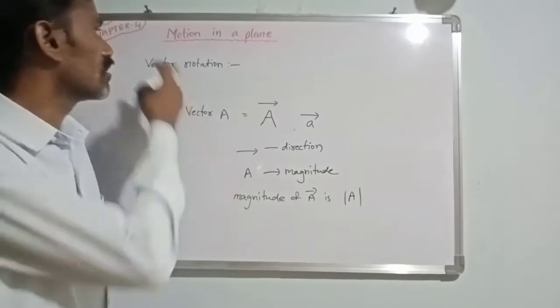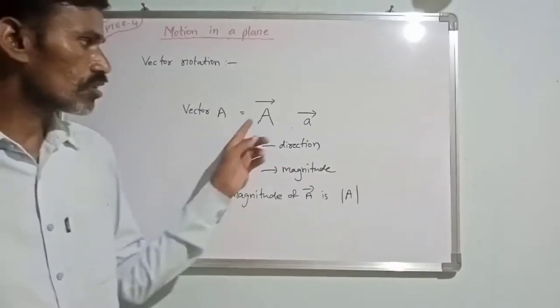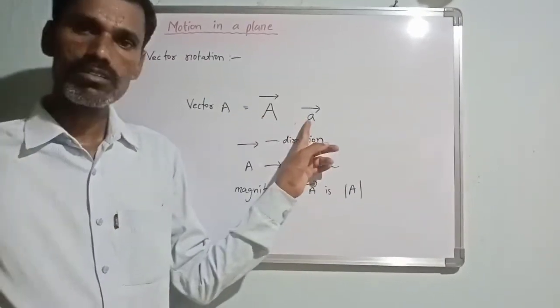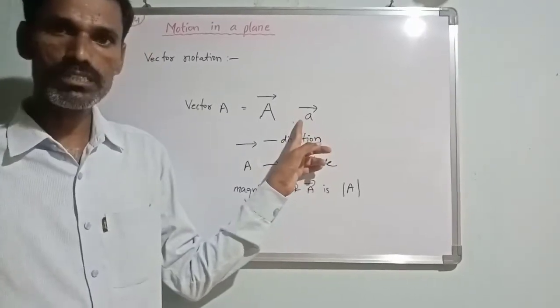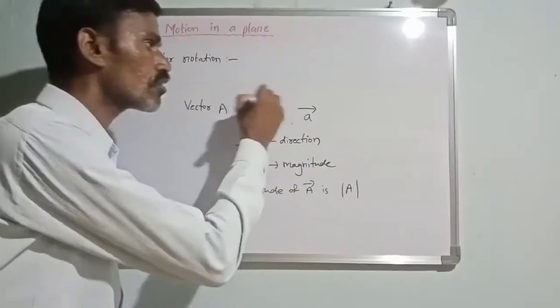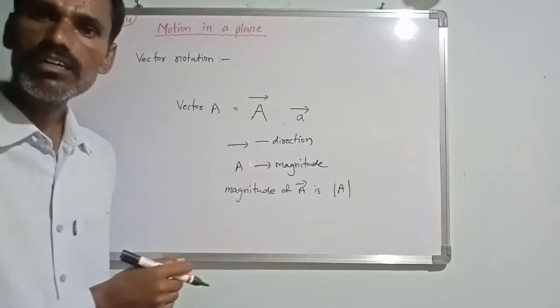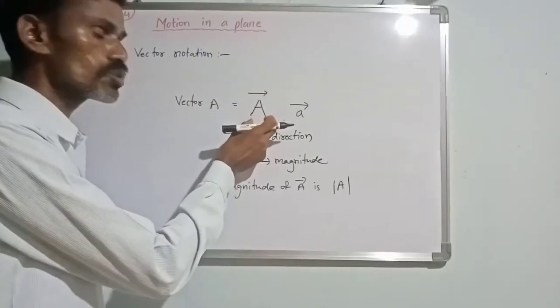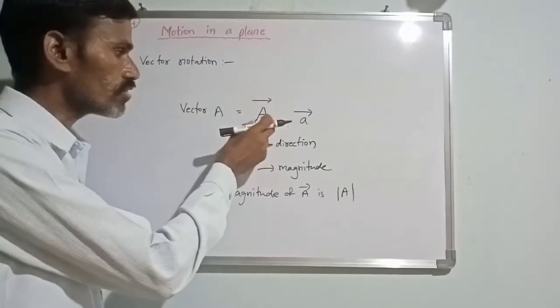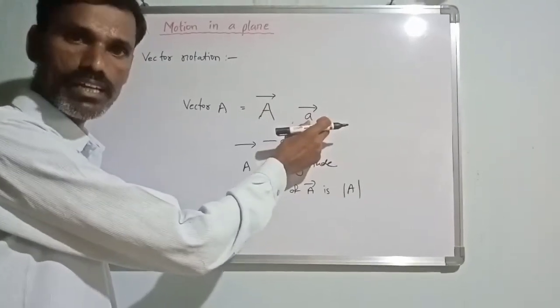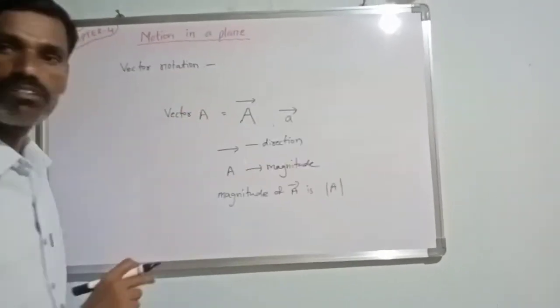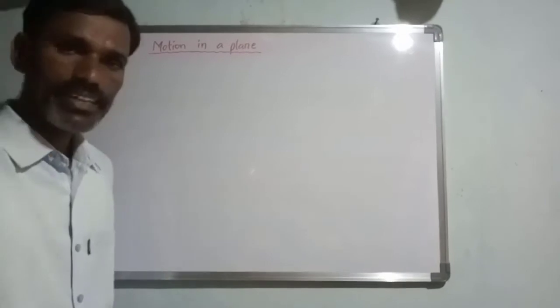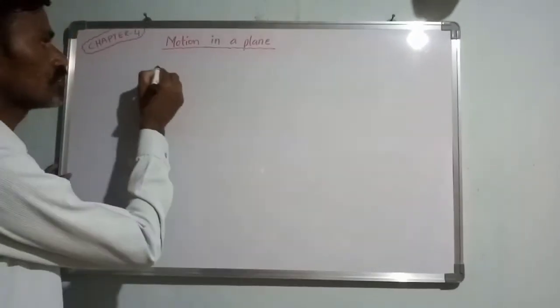We can also represent a vector with a small or capital letter with an arrow at the top of the letter. This also shows vector A. Next, the graphical representation of vectors.